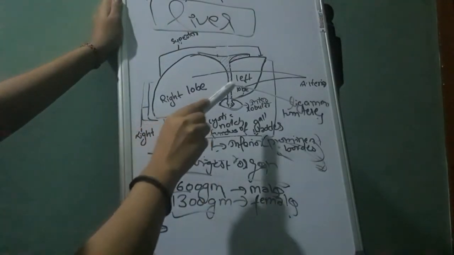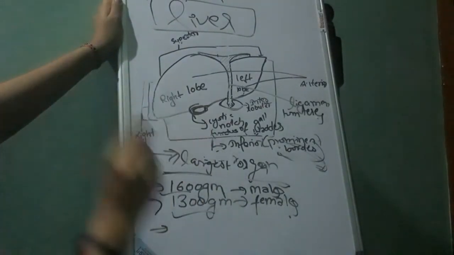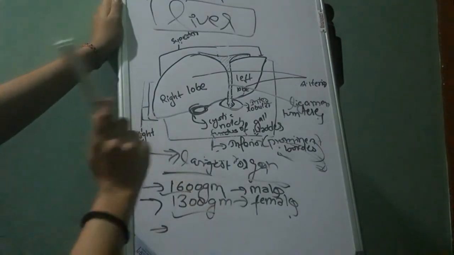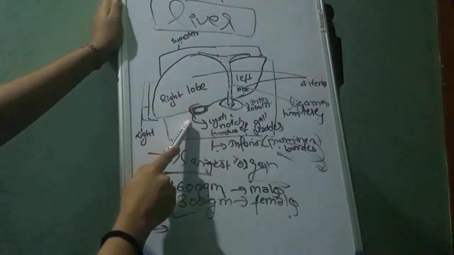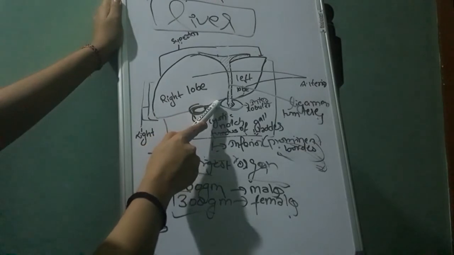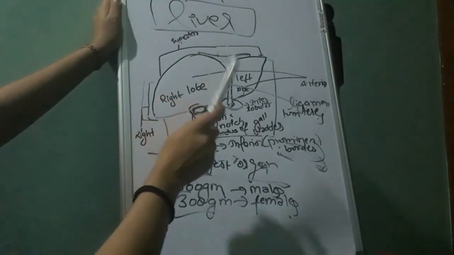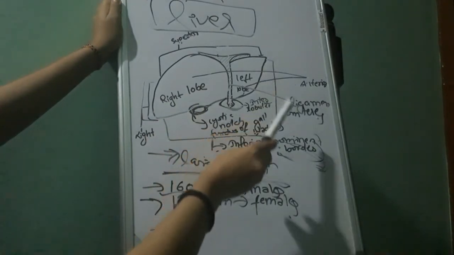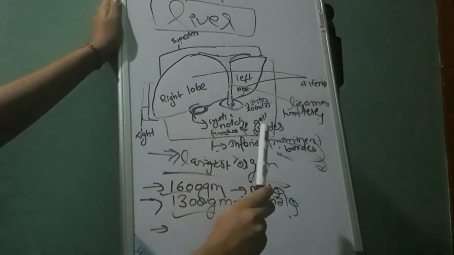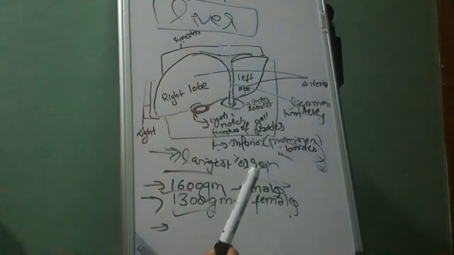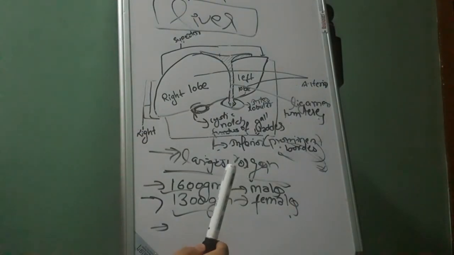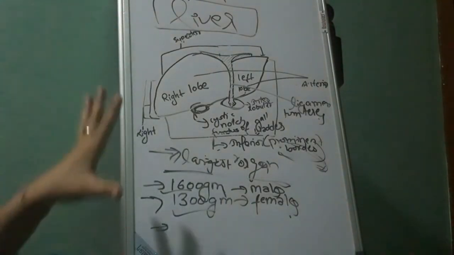In the inferior border, which is the most prominent border of the liver, there are two notches, the cystic notch and the interlobar notch. In the cystic notch there is the fundus of the gallbladder, whereas in the interlobar notch there is the ligamentum teres.